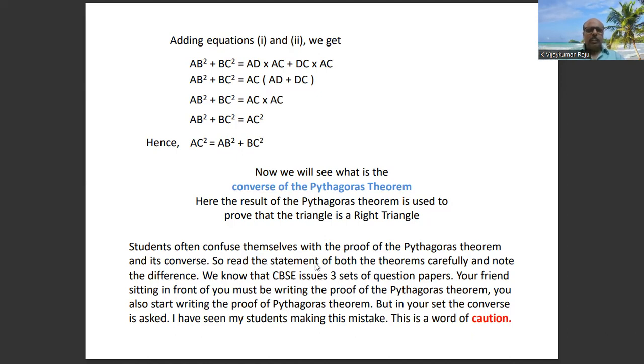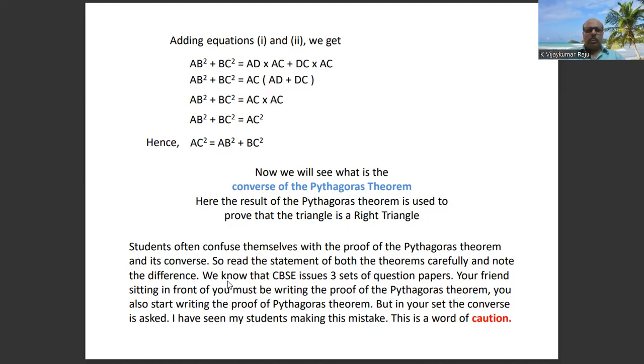So read the statement of both the theorems carefully and note the difference. So that when you read the statement, you must be able to differentiate whether they have asked you to write the proof of the Pythagoras theorem or to prove the converse of the Pythagoras theorem. So by reading the statement, you must be able to decide exactly what they want.